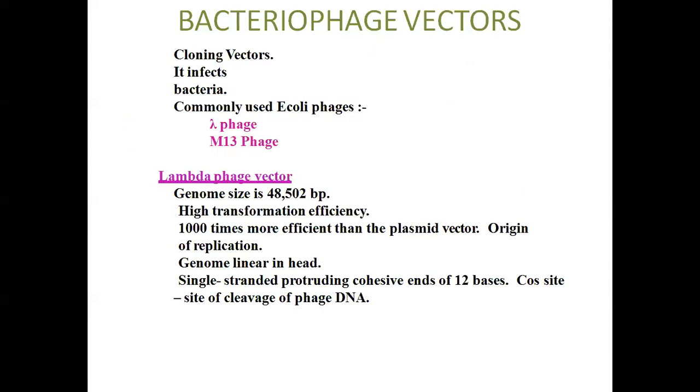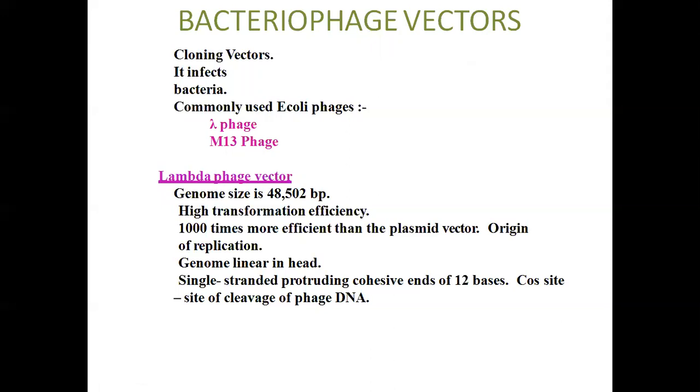Bacteriophage vectors: I have already told you lambda phage and M13 are very commonly used E. coli phages. Its genome size, see here, is 48,502 bp. So lambda phage has a large genome size, and that's why you can also clone a large gene.